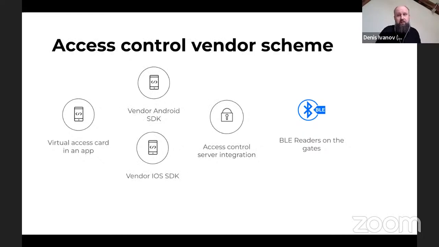But when we started the integration, we found out that although we use a hybrid technology to develop our mobile apps, which means we have a single code base for the App Store and Android, for iPhones and Android phones, and this makes the development process more straightforward, simpler, and saves money and time, this vendor has two SDKs, for Android and for iOS, and the iOS SDK wasn't documented at all.